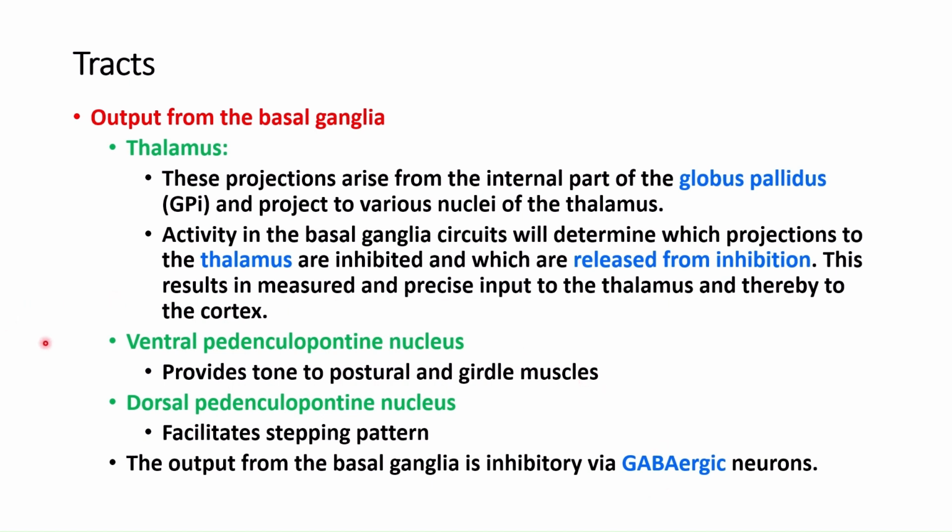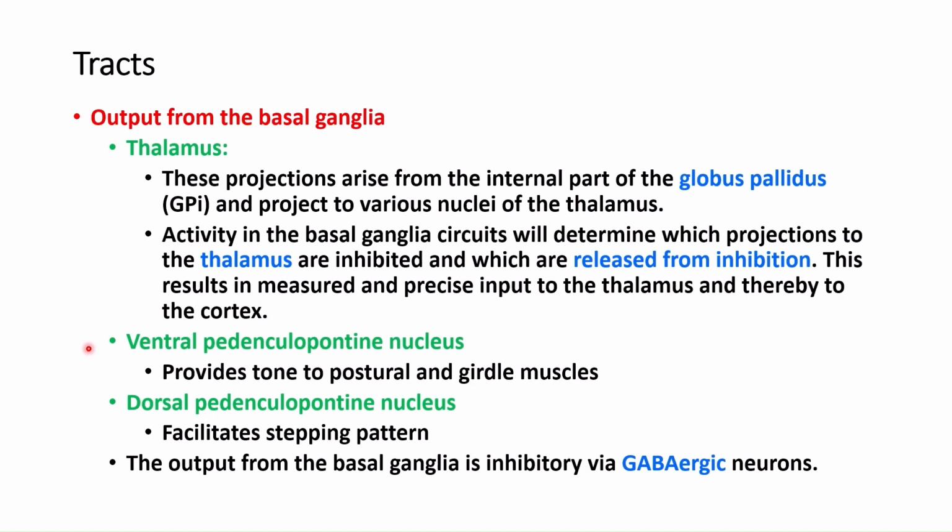Also, the basal ganglia are connected with the ventral pedunculopontine nucleus, which is in the pons, and that is important for the tone of the axial muscles and also the hip and shoulder girdle muscles. These are not the only signals coming for posture and tone.